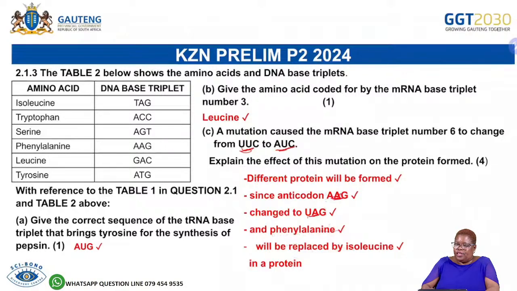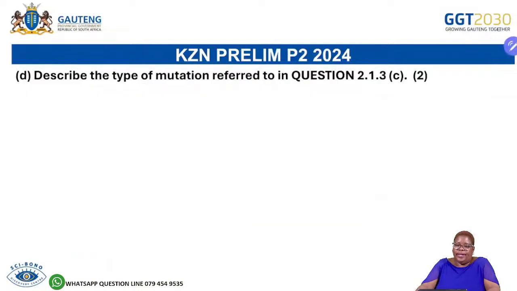It will be replaced by isoleucine. Then what we're saying is different proteins will be formed since this changed to UAG after the mutation has taken place, and it will result in the amino acid phenylalanine being replaced by isoleucine in a protein, right?